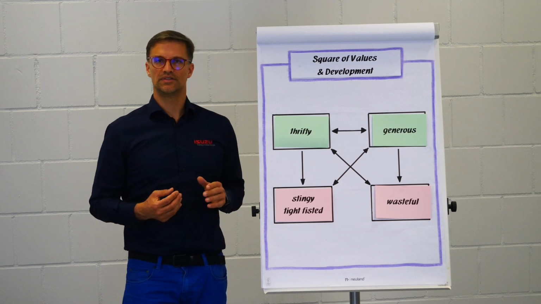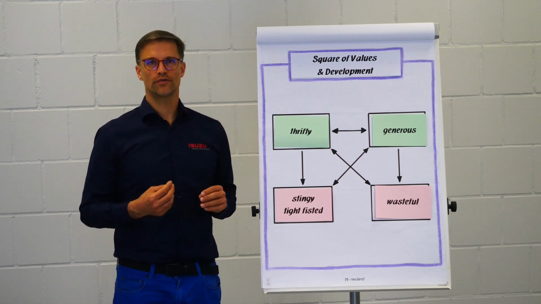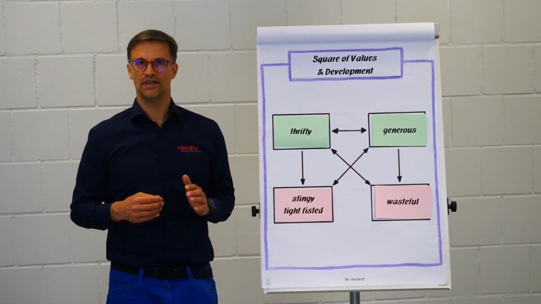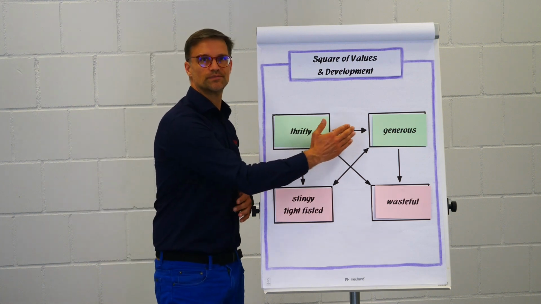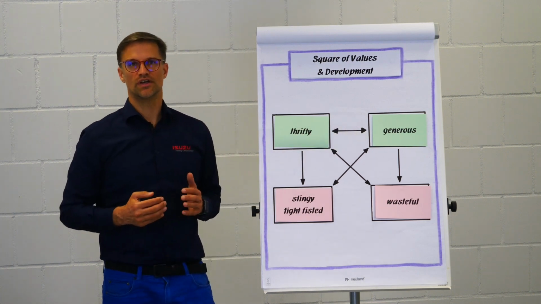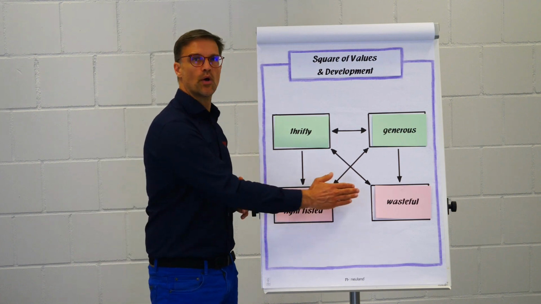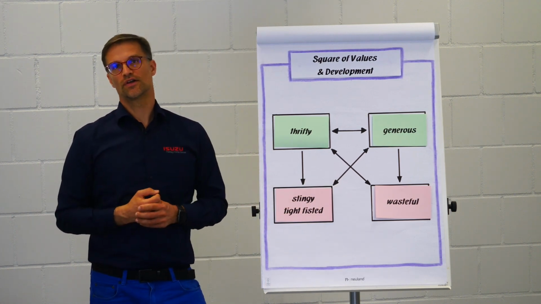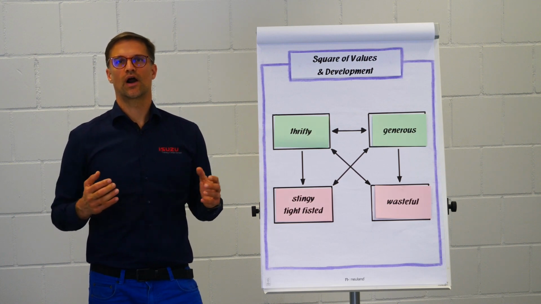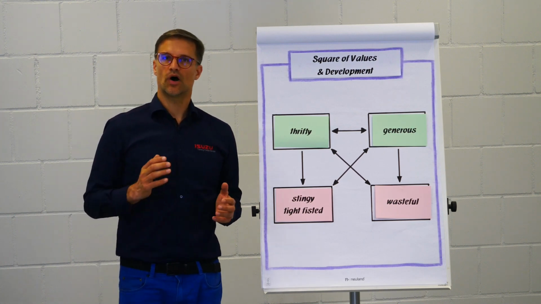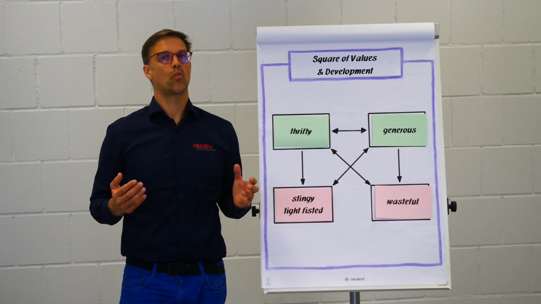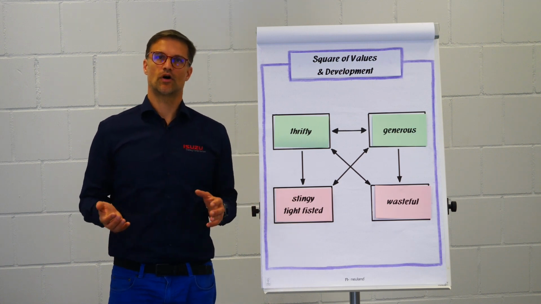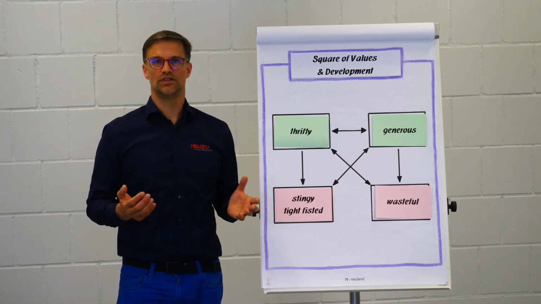The complementing value to ensure thrifty is perceived positively is being generous. And when generosity is exaggerated, it becomes wasteful. As you can see, the squares diagonally across from each other are opposites. The opposite of thrifty is wasteful, and the opposite of generosity is stingy.